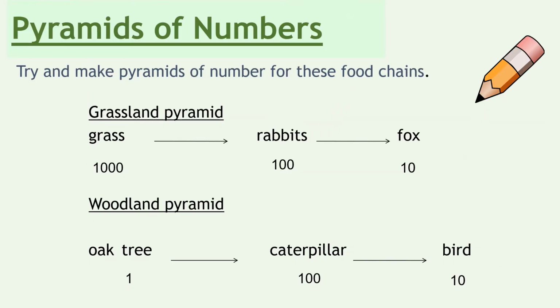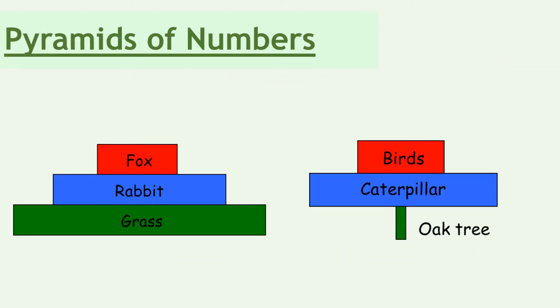Now try to make your own pyramid of numbers by using these two food chains. Try to get the correct shape of both of the pyramids for the food chains, and make sure you label each part of the pyramid before I go over the answer. So the answer is that for the grassland food chain, we should have got grass that had a big base, then rabbits, which was smaller, and then foxes, which was even smaller in number.